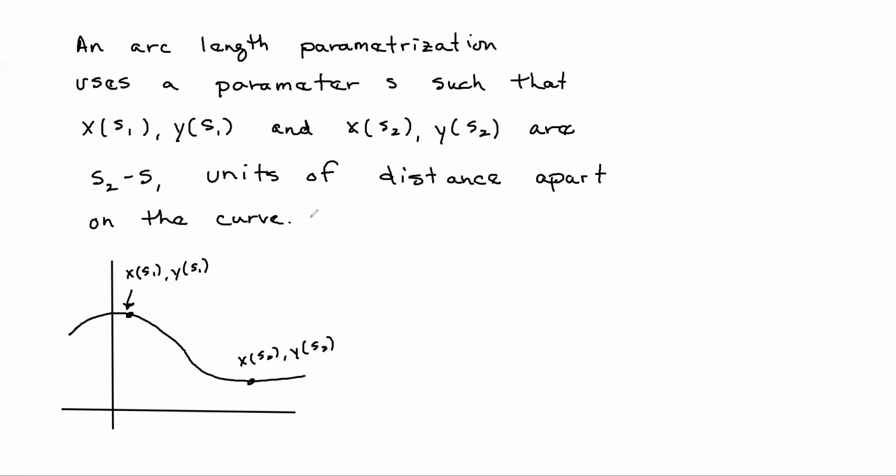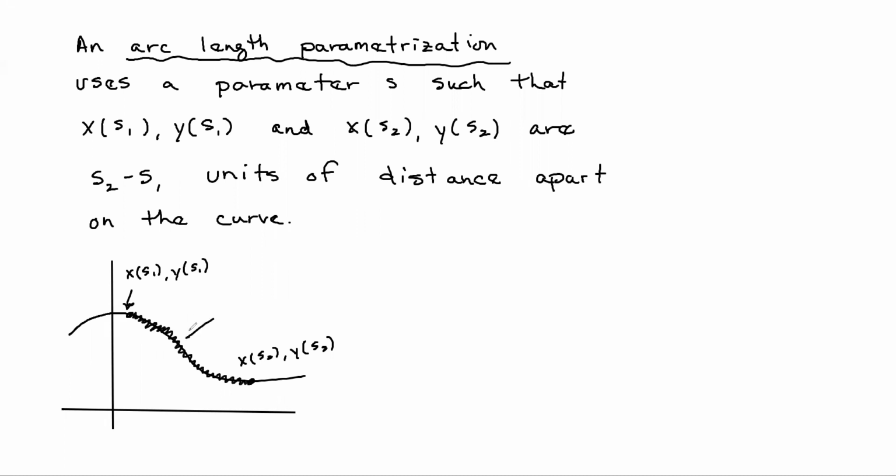And so what it means to be an arc length parameterization is that the distance between those 2 points is going to be the length along the curve that's the difference between the 2 inputs. So if you went through and just shaded this, here's the length between those 2 points.